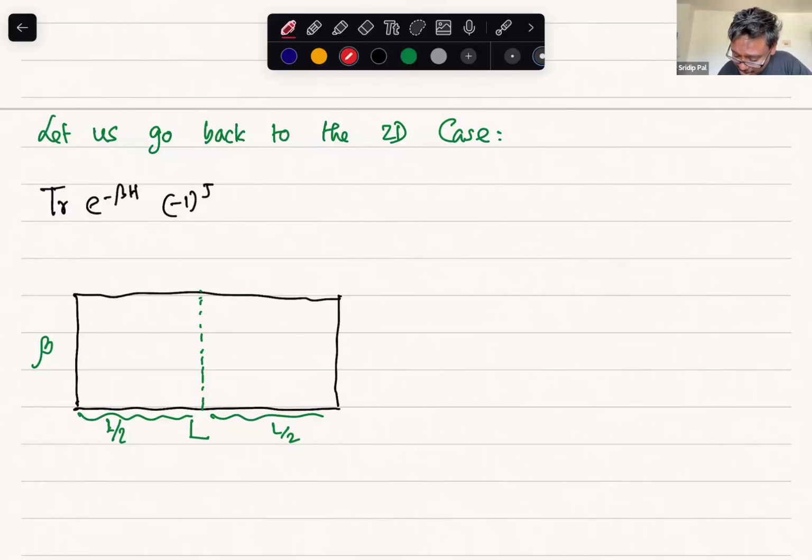That means you are basically doing a path integral where you have some modified identification like this. So this thing gets rotated by pi and comes here, and these things go here. So I will have this identified with this, and of course these two things are identified. So this is the path integral representation of trace e power minus beta h minus 1 to the power j.